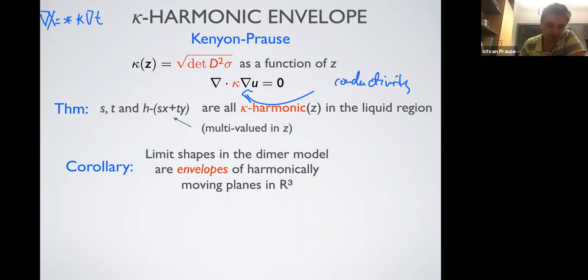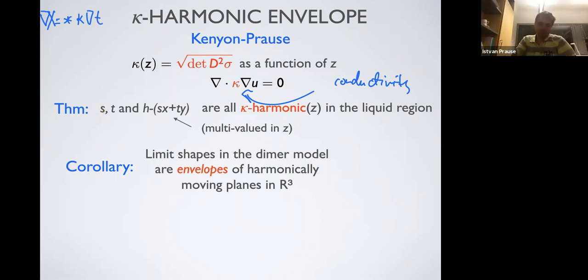So this is a divergence-free vector field, and T is a kappa harmonic function according to this definition.